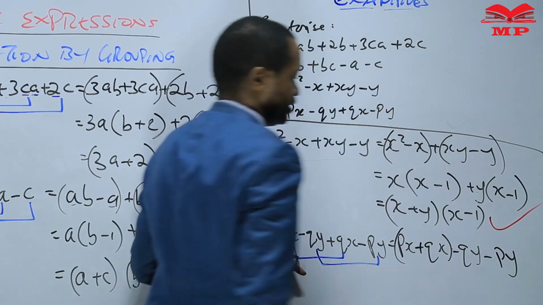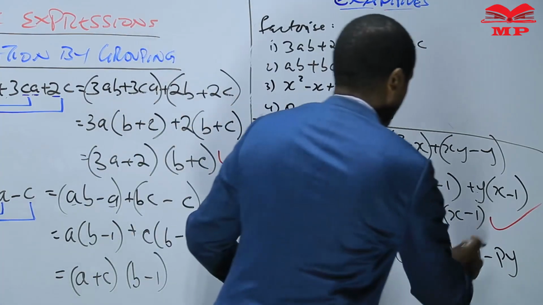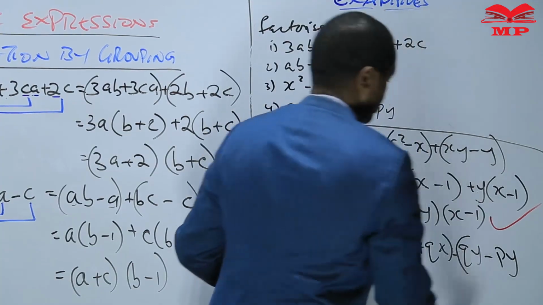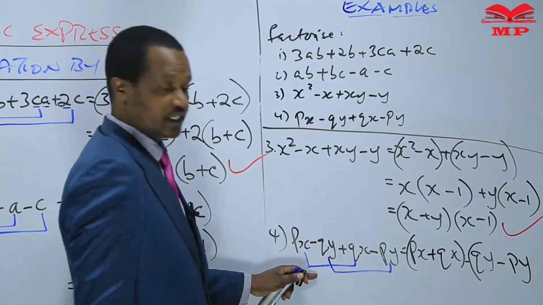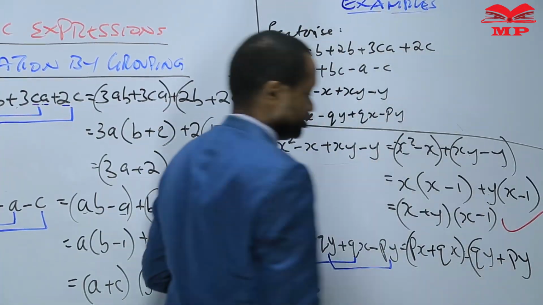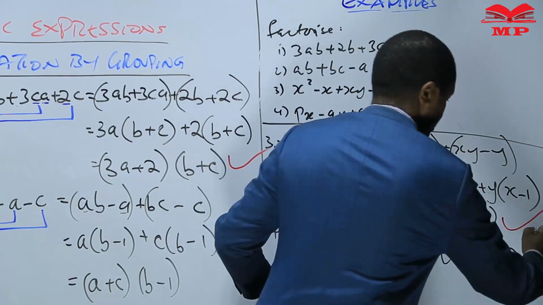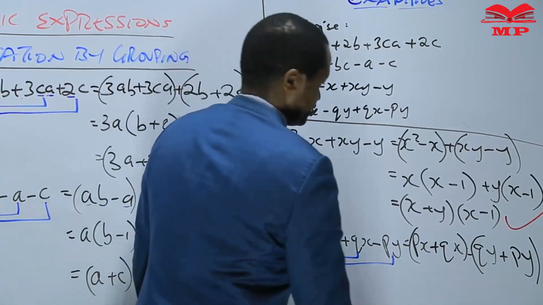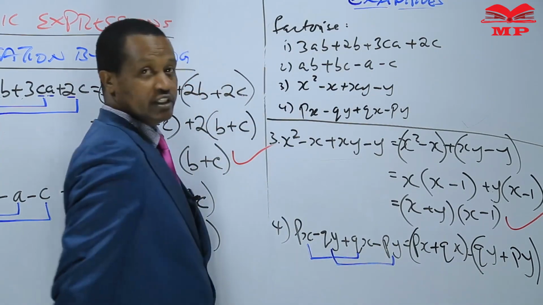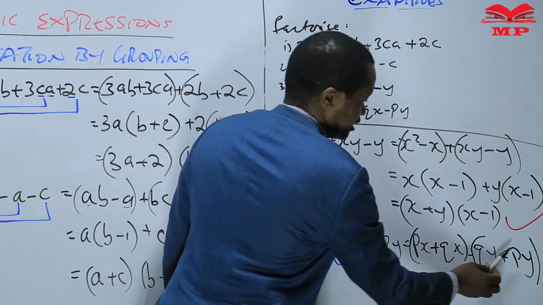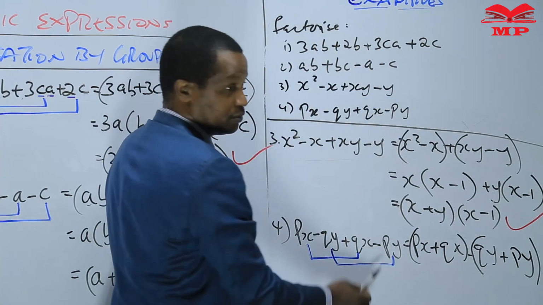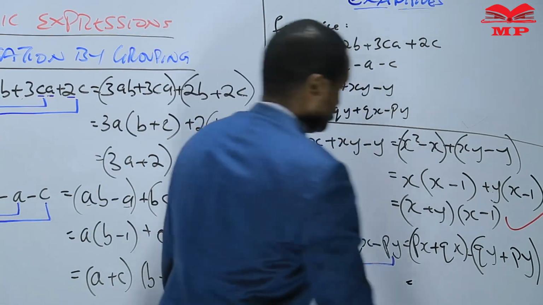Learners, immediately we introduce a bracket there, then this sign has to change. So we close the bracket, because remember, negative times positive must give us the negative. If you don't change, then the negative times this negative we had would give a positive, which is not correct. So we now factorize.